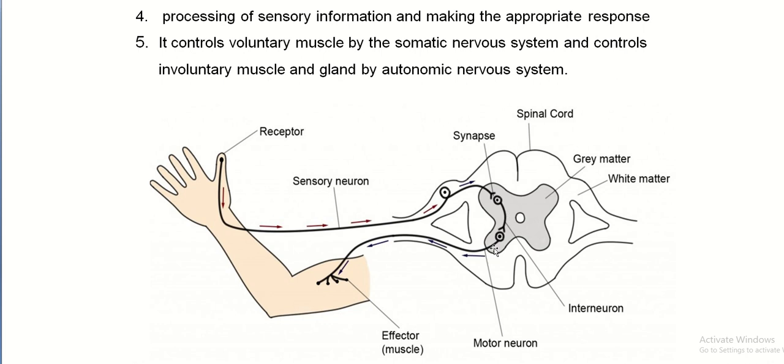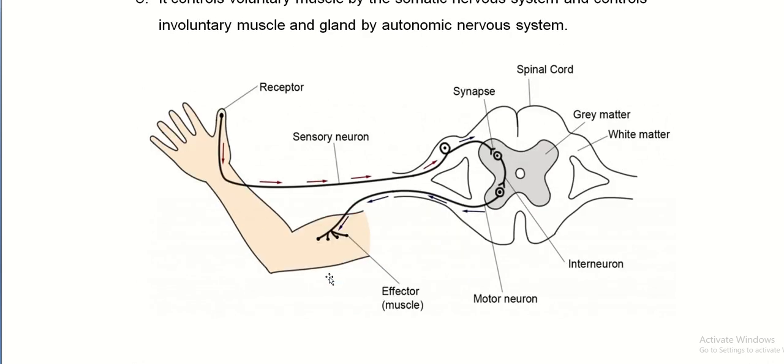The appropriate response is carried by the motor nerve, and the motor nerve innervates a skeletal muscle or effector organ and causes the appropriate response, for example, contraction of a voluntary muscle.